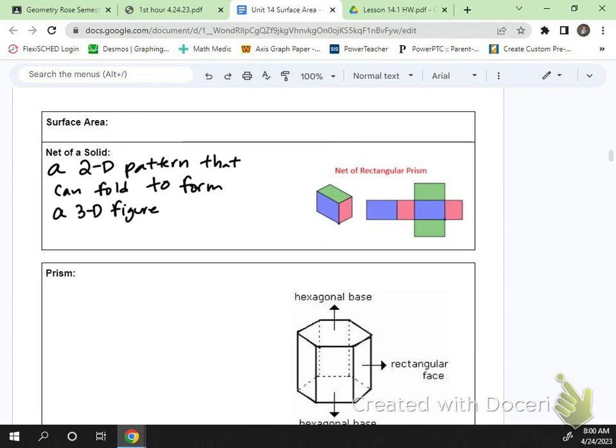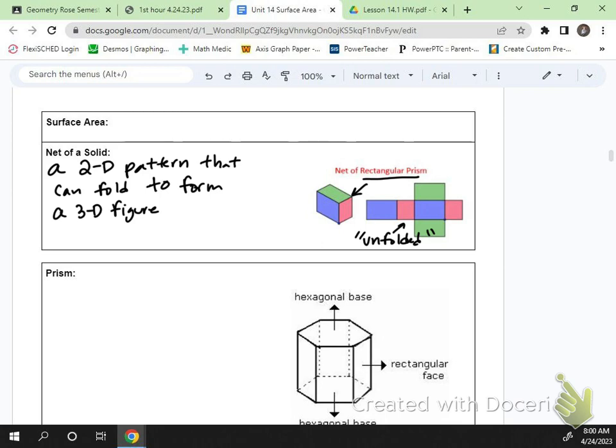So I drew one out for you. This is the rectangular prism. This is the unfolded net right here. That's the unfolded net. And you can see all the sides. Notice that some of them are equal.